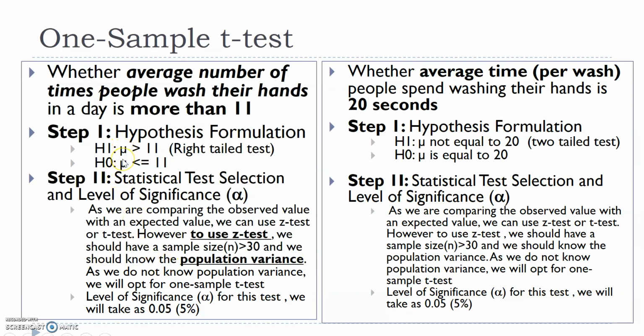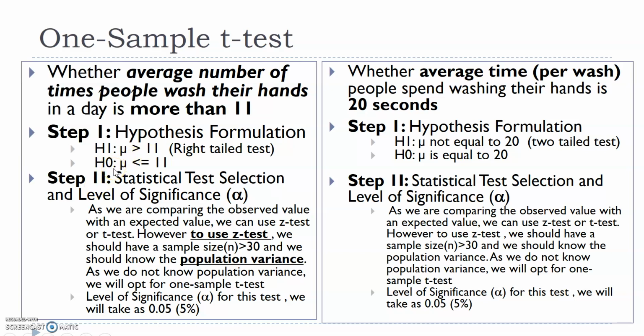So mu is basically the population mean. Because in any hypothesis testing, the objective is to make an inference about the population with the data available per sample. So mu is nothing but the population mean, whether it is greater than 11. That means, let's say all the postgraduate students in India, say 20 lakhs or 30 lakhs students are there. Out of that, if I take the average number of hand washes per day, whether it is greater than 11 or not.